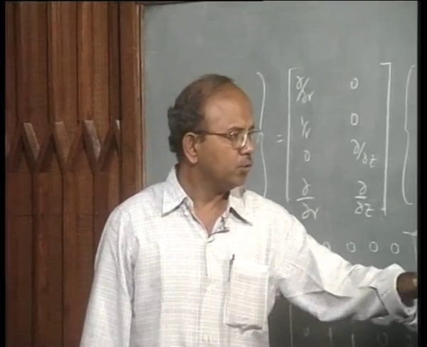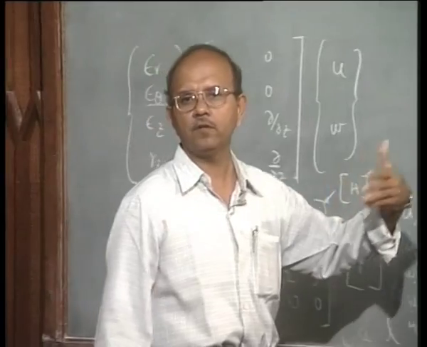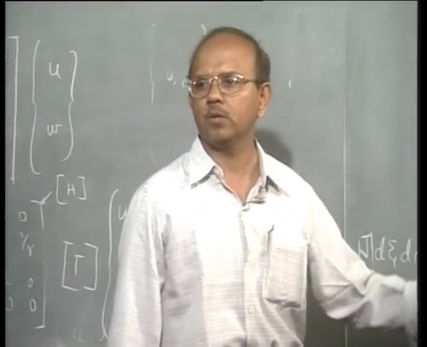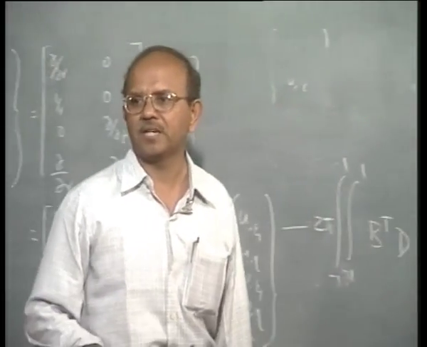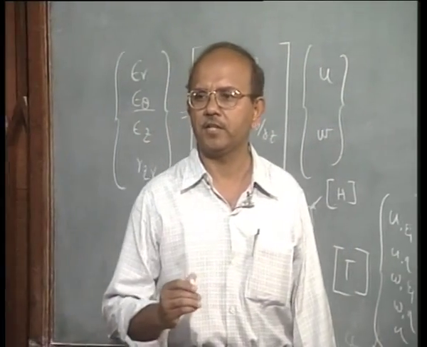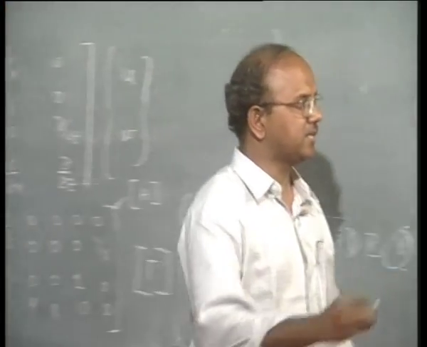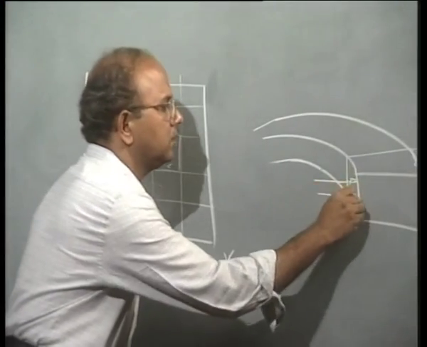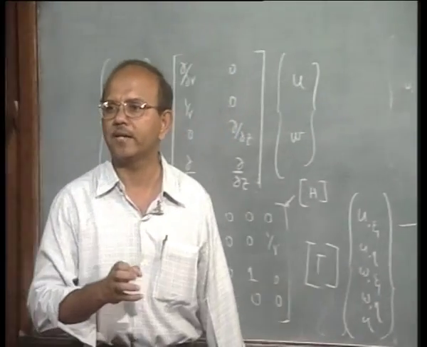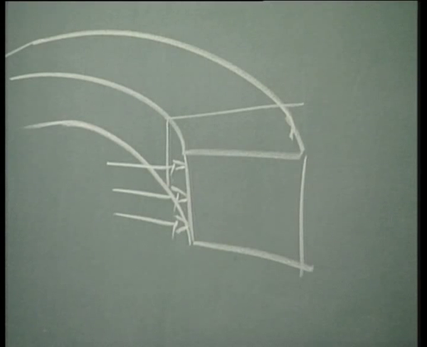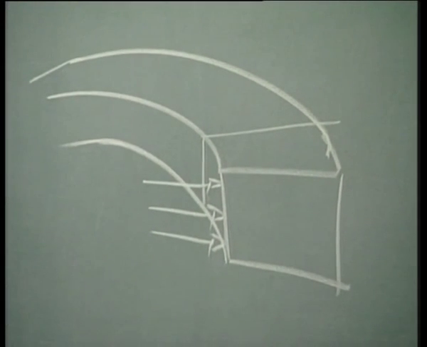You do the same thing. Please note that a similar thing is done in the case of force and other things as well. For example, if there is a pressure acting internally, you have to now integrate it throughout the ring.